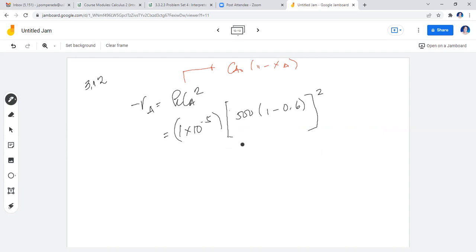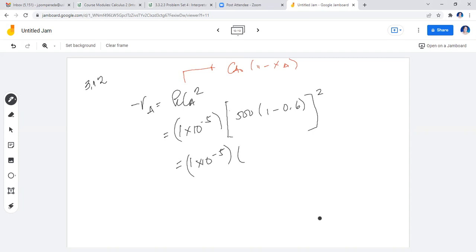It's asking for the rate in problem 3.11 based on the question that it answered. So you answered for the degree of conversion. At that particular degree of conversion, it's asking for you the rate of reaction. So in this case, you will have 1 times 10 raised to negative 5 times 500 times 0.4.